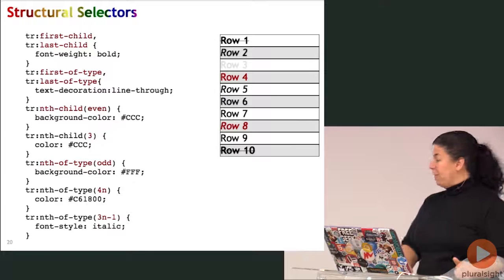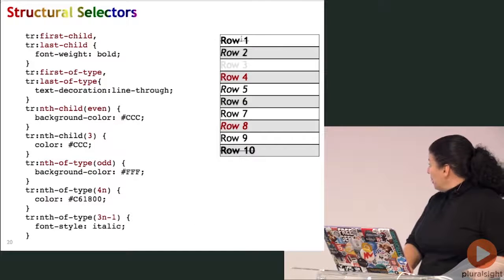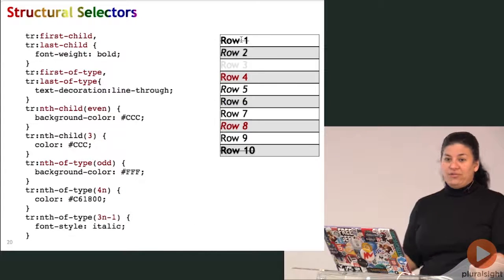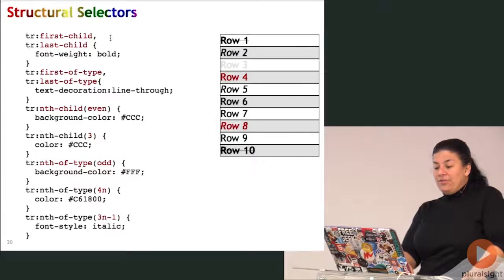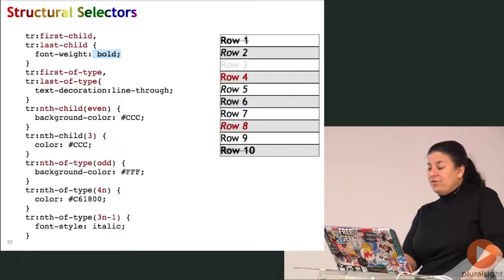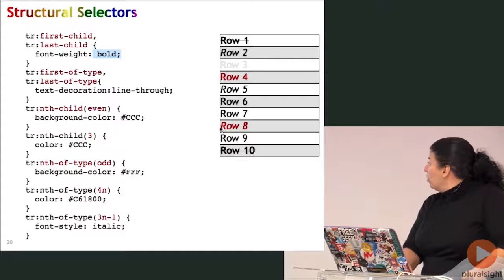So here we have this table. In the tbody, there are TRs, obviously, as children. So I'm targeting the TRs. The first child and the last child are going to be bold. As you can see, the first child of the tbody is a TR, so number 1 and number 10 are bold.